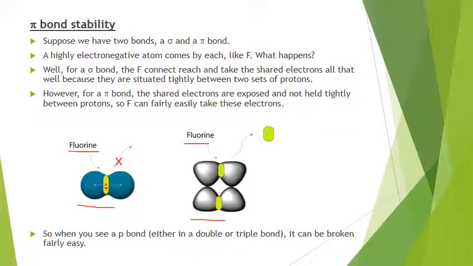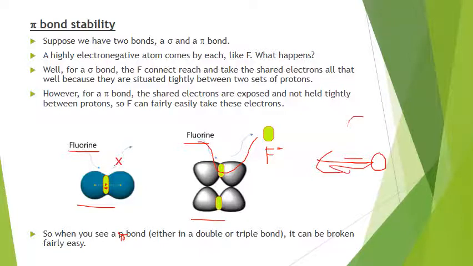Now, if you took a fluorine by a pi bond, it's going to be fairly easy for it to rip off those electrons, and now the fluorine could actually take the electron and become F minus. So when you have a pi bond, either in a double or triple bond, it can be broken fairly easily.